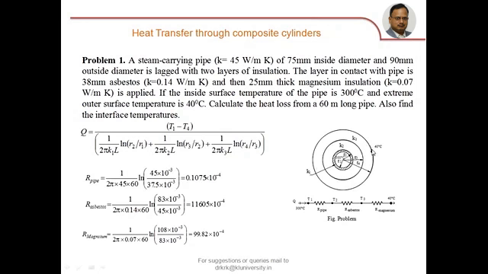And then it reaches the surface. So from the inside surface of the pipe to the outer surface of the second insulation, there are three resistances. First one is conduction resistance offered by the pipe. The second one is conduction resistance offered by asbestos. Third one is conduction resistance offered by magnesium.